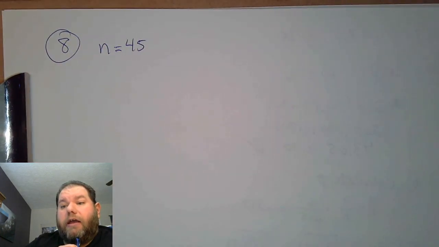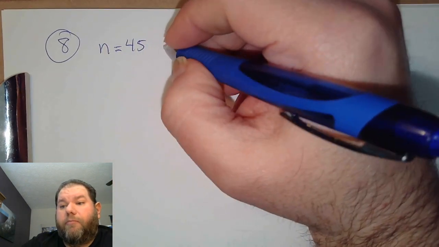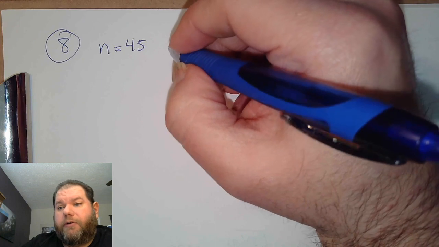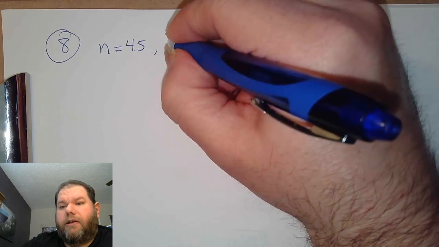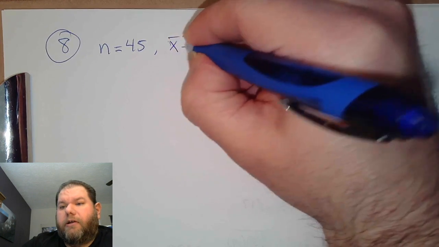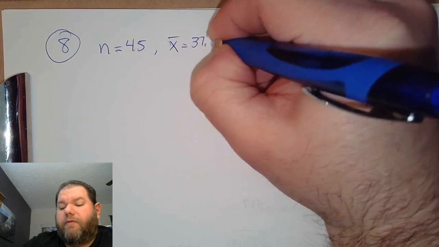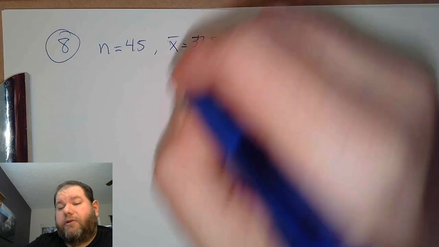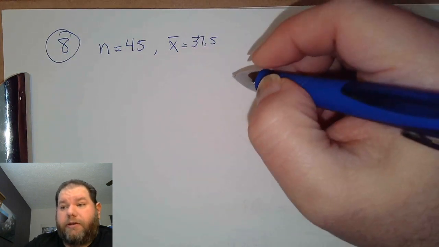And they have a plasma volume sample mean of 37.5 milliliters per kilogram. We'll just say X bar is 37.5. Don't worry too much about units unless you're actually applying it.